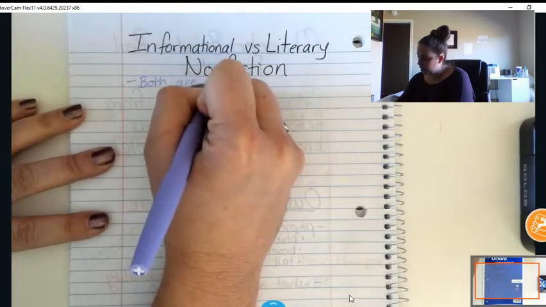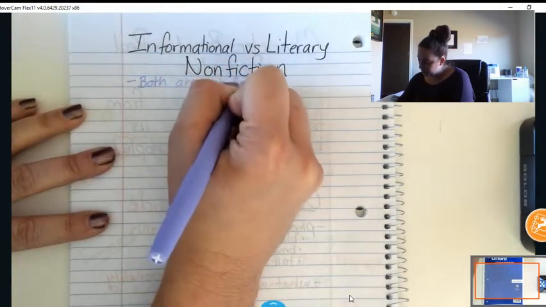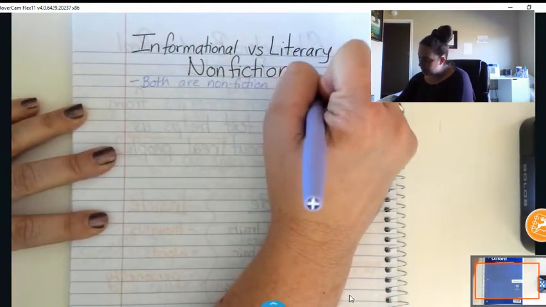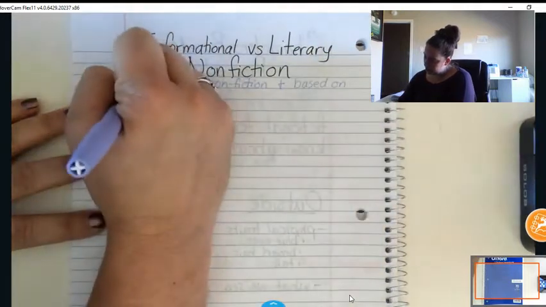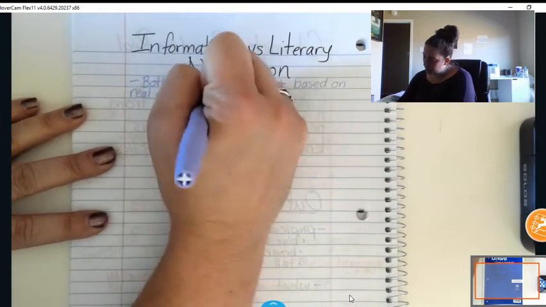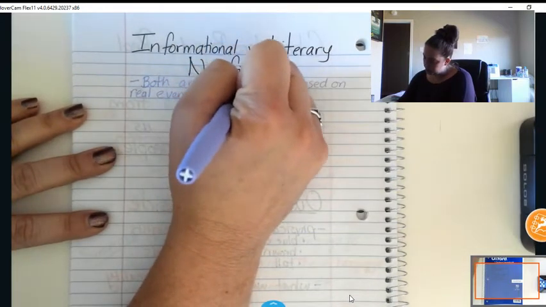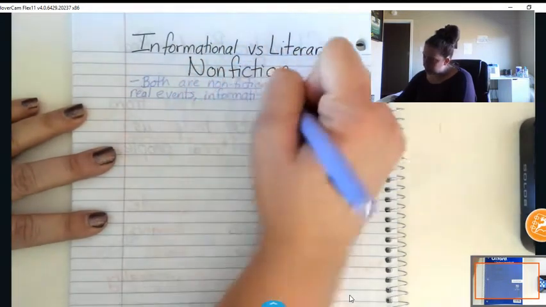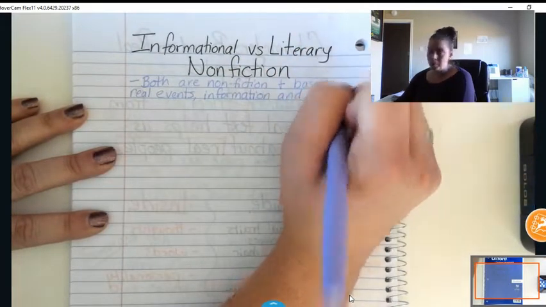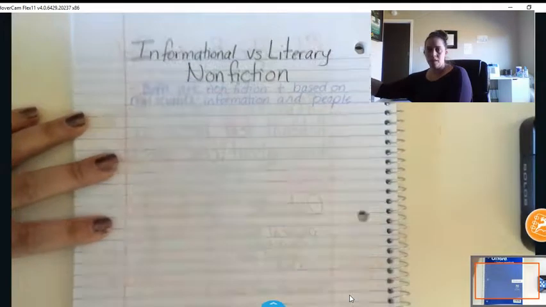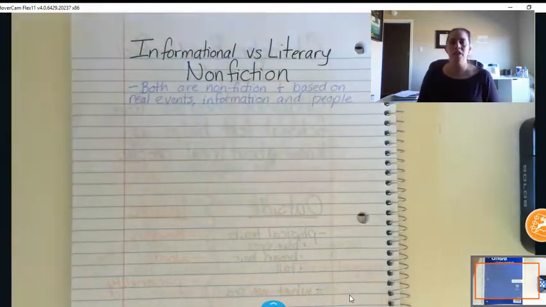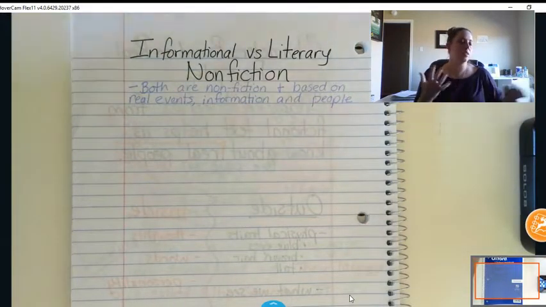So both are nonfiction and based on real events, information, and people. Let's see if turning on this light helps you guys see a little bit. Not really. Okay.